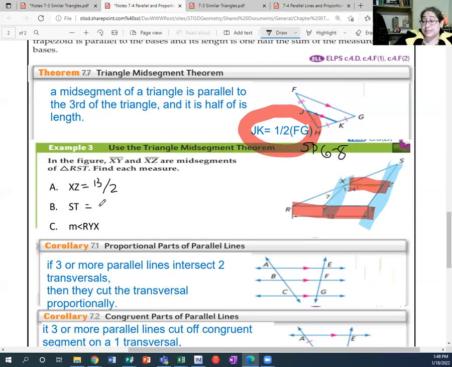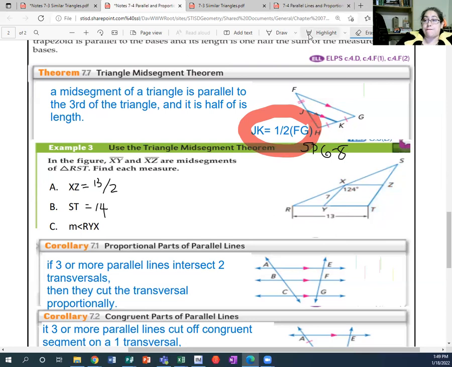But the mid-segment 7 is half of this side that I'm interested in. What is 7 half of? 14. You did 7 times 2. Or thought, what divided by 2 gives me 7? Very nice.